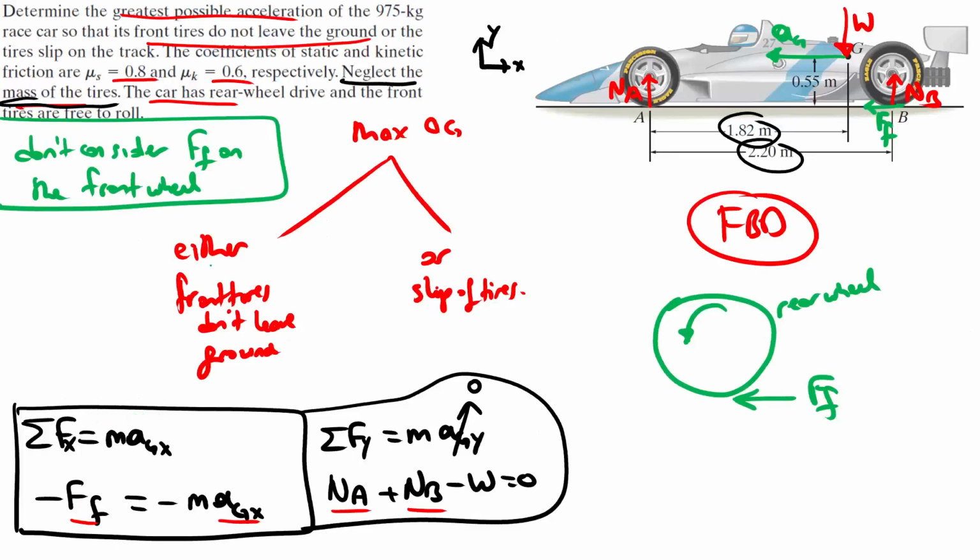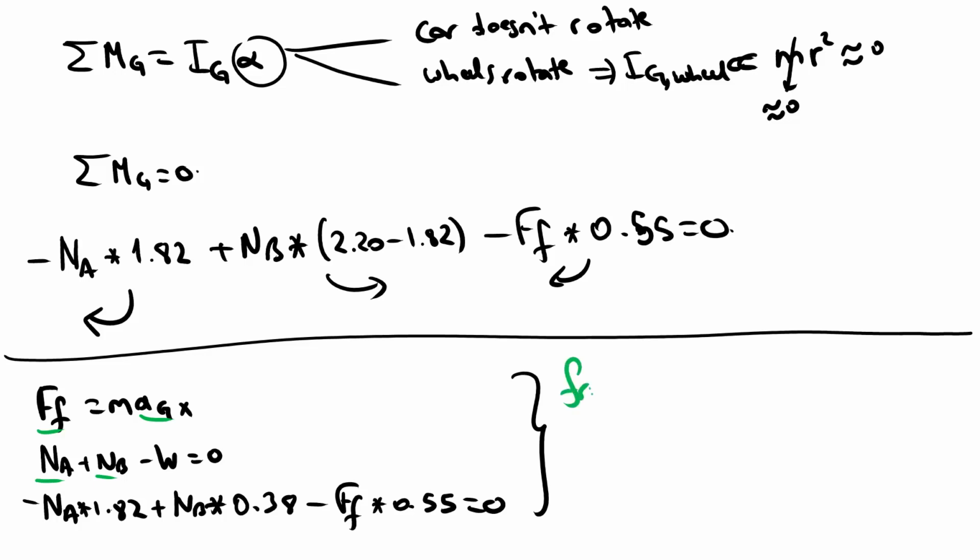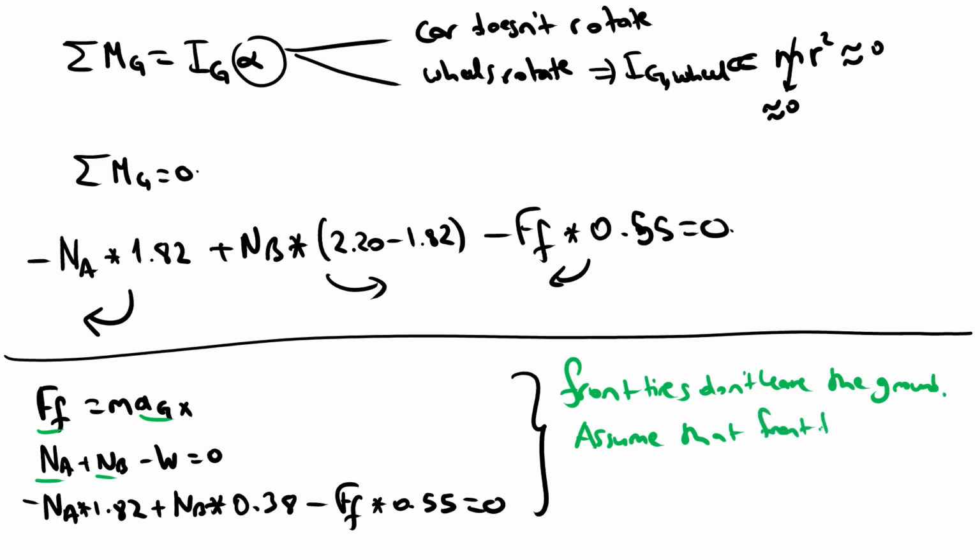Now let's go back to conditions. The first thing is that either front tires don't leave the ground. Okay, so let's assume that they are about to leave, on the verge of it.